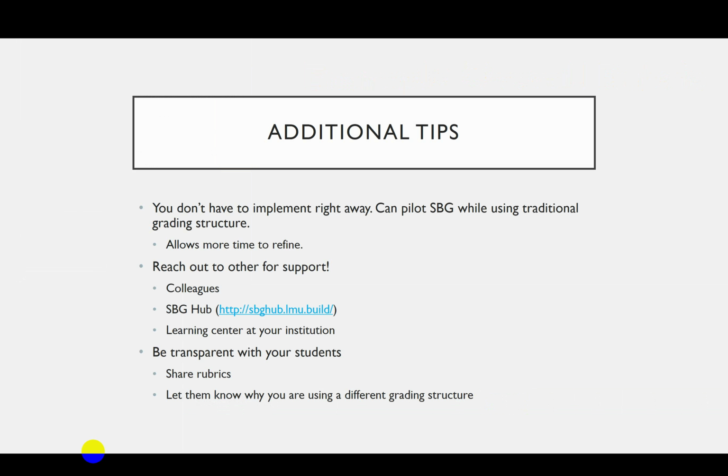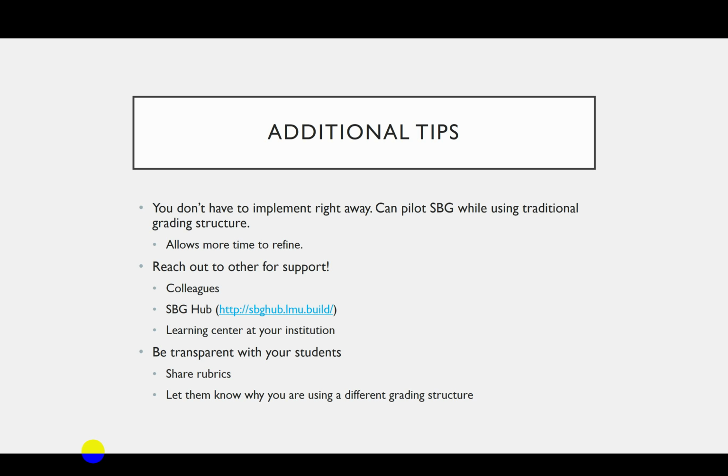So with that, I have a few additional tips that I want to share with you. So first, you don't have to implement everything right away. You can pilot your standards-based grading while using a traditional grading structure. So say you develop the rubrics, but you're not feeling 100% confident in utilizing those rubrics initially.